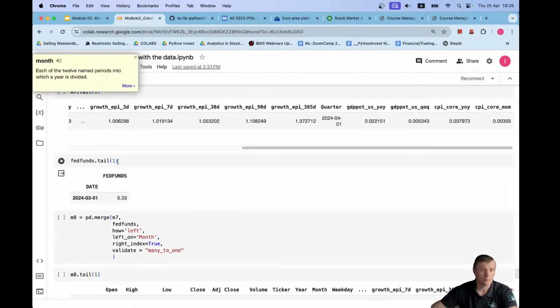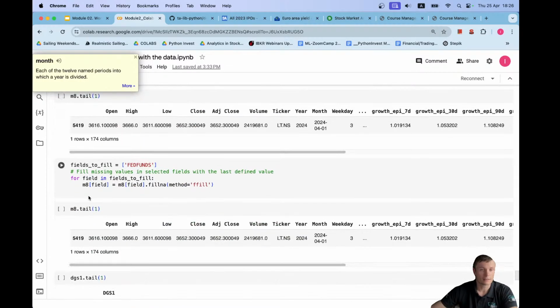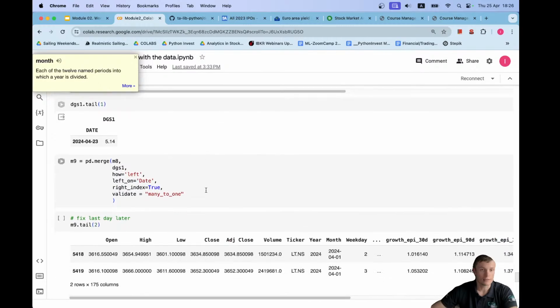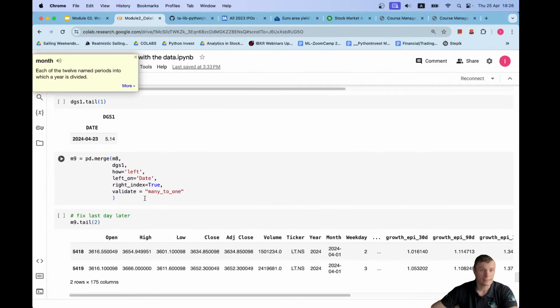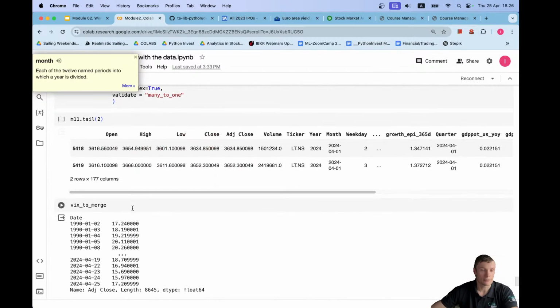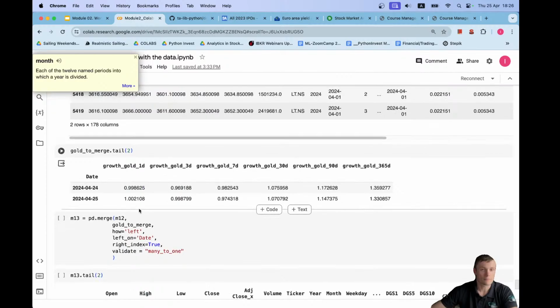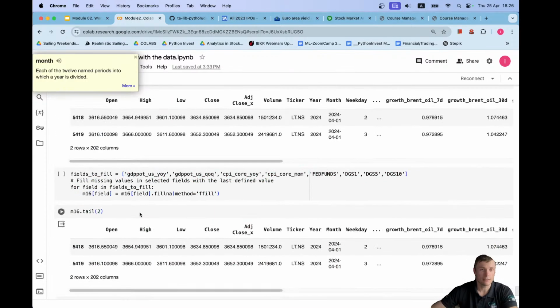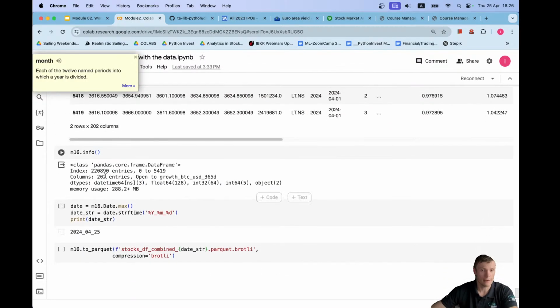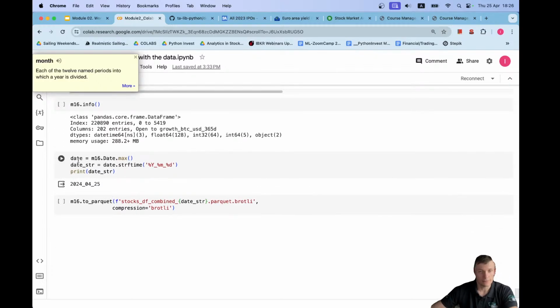We continue like this, Fed funds and rates, and so it's 16 steps. In the end, what you will have is 220k entries, 202 fields. I define a prefix and I save this file to Parquet.